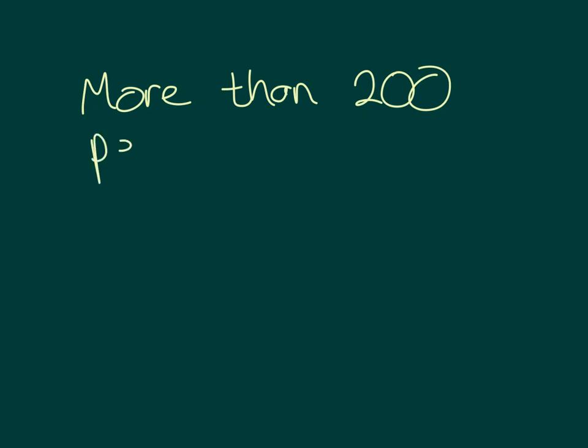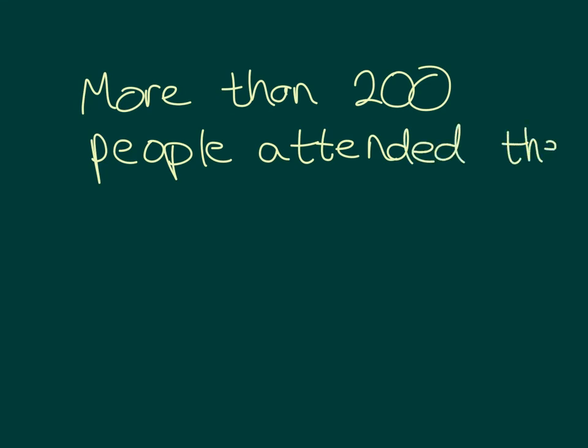And lastly, we have some translating a sentence into an inequality. Tonight a lot of you, I'm sure, are going to go to the mixer at Duchenne. So if we said that more than 200 people attended the mixer, how could we change that into an inequality?